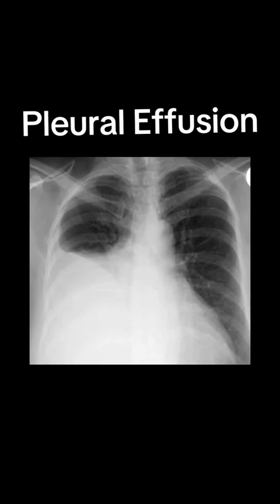If it's hemorrhagic or bloody, it suspects a malignant etiology. Transudate has a specific gravity less than 1.016, but exudate has it more than 1.016. Transudate will have a glucose level more than 60 and exudate less than 60.